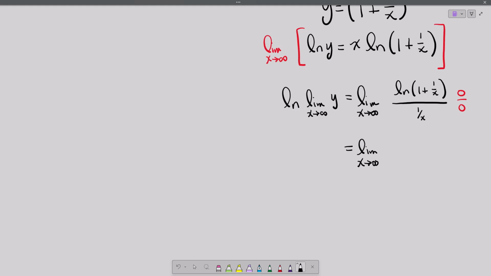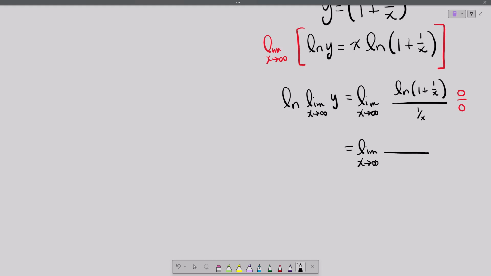If we have f over g, and then we replace f and g with their best approximation, aka the derivative, that quotient should approach the same thing. The quotient of functions should approach the same thing as the quotient of tangent lines. It wouldn't be a great approximation if it didn't give us something close.